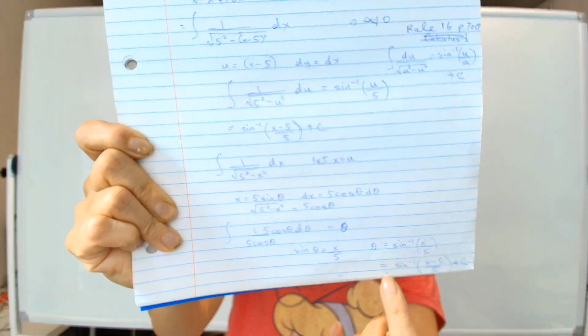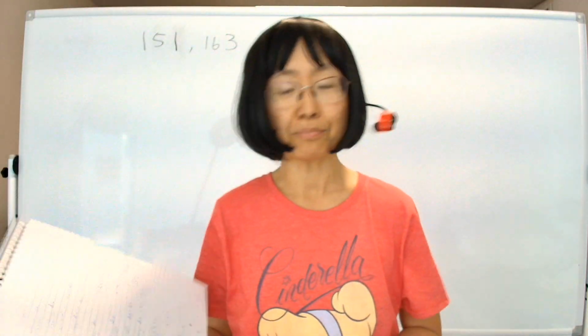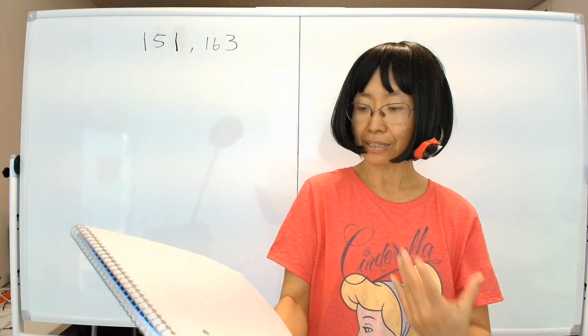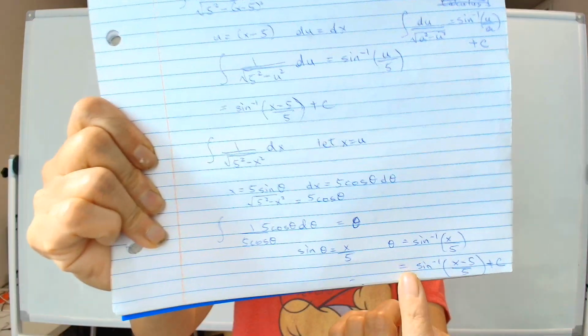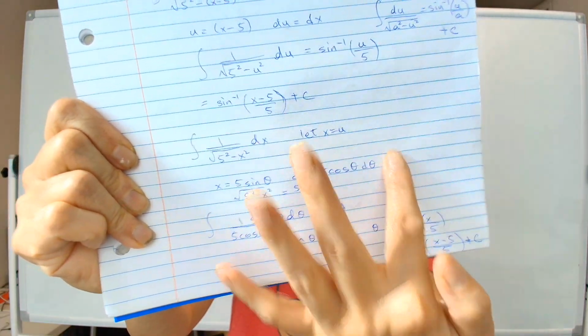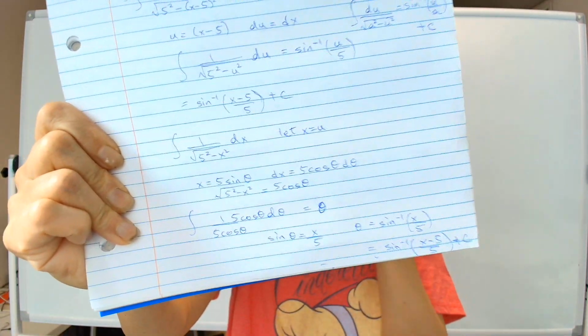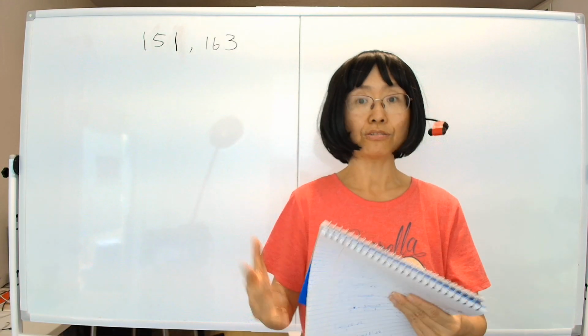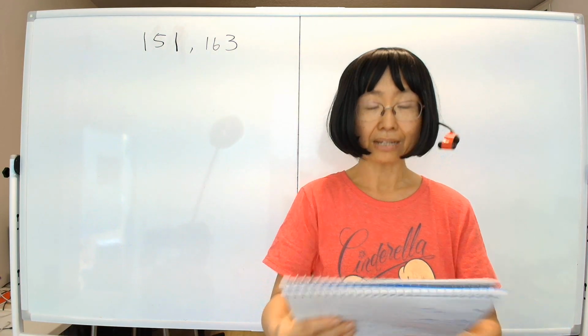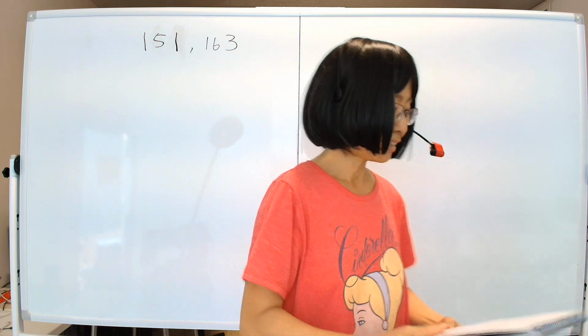The point is that using the trigonometric substitution, I came out with the exact same answer, identical to the one slightly higher up, which was by u-substitution. Since I did it in two completely different ways, I know that my answer is correct.